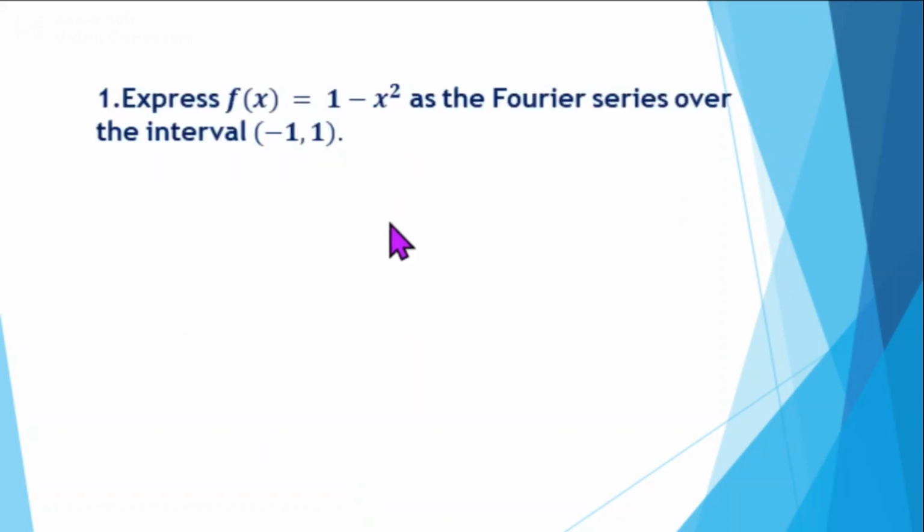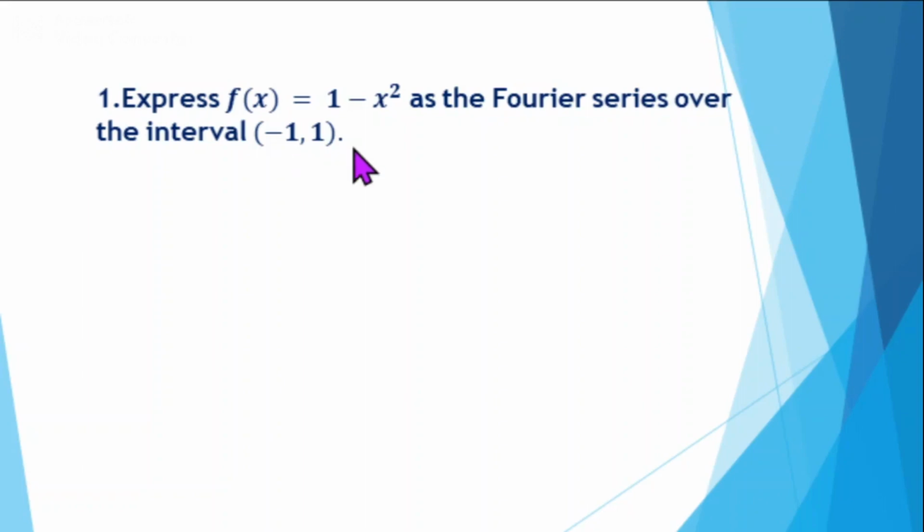Now let's solve some problems on Fourier series. So first problem: express f of x equal to 1 minus x square as the Fourier series over the interval minus 1 comma 1. Here note that the given interval is of the form minus L comma plus L. So comparing with the interval minus L comma plus L, we have L equal to 1.